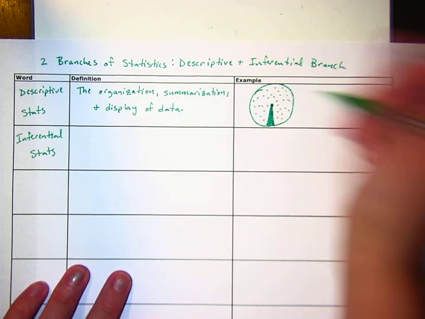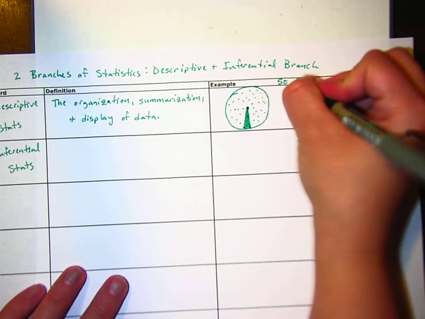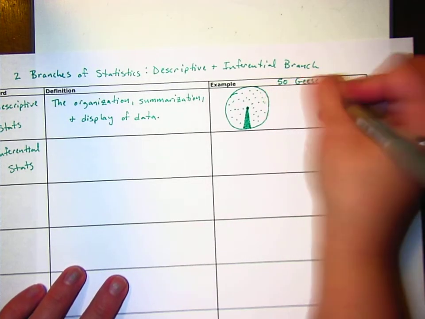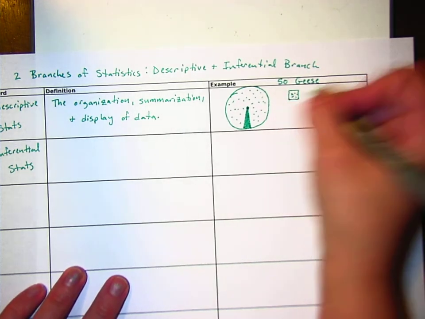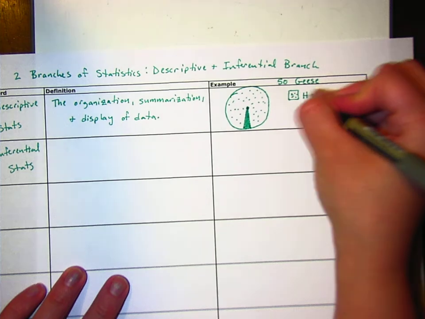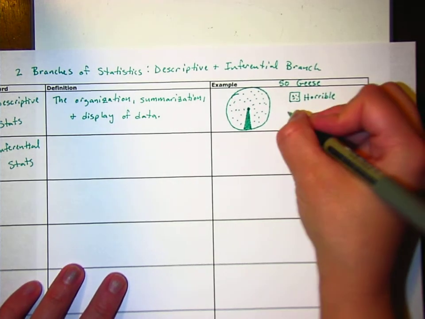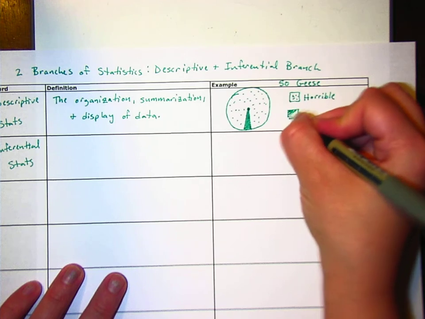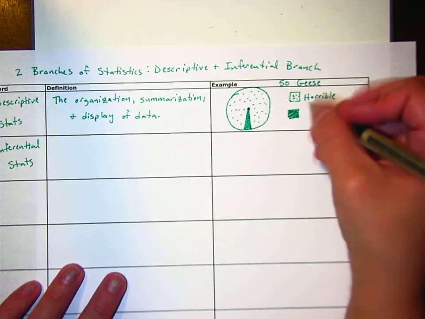I didn't actually do this because I'm not stupid enough to capture 50 geese. But let's say I did, okay? So then I would find that most of the geese here are horrible, okay? So we got a whole bunch of horrible geese, lots of them, and then there's a small portion of, what do you think? You think they're going to be good geese?